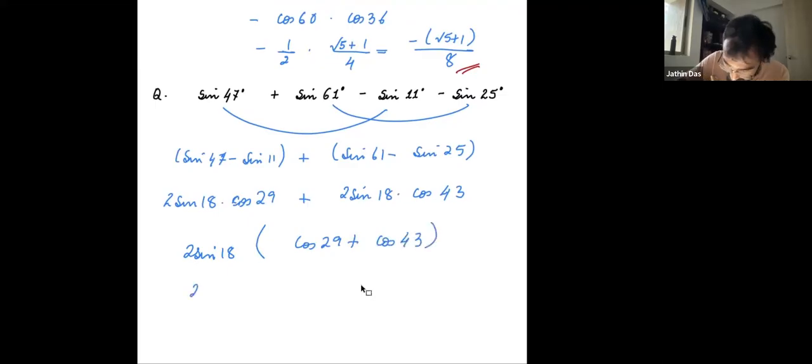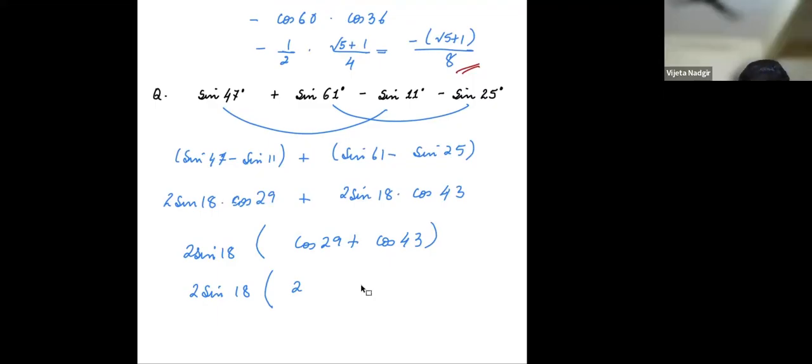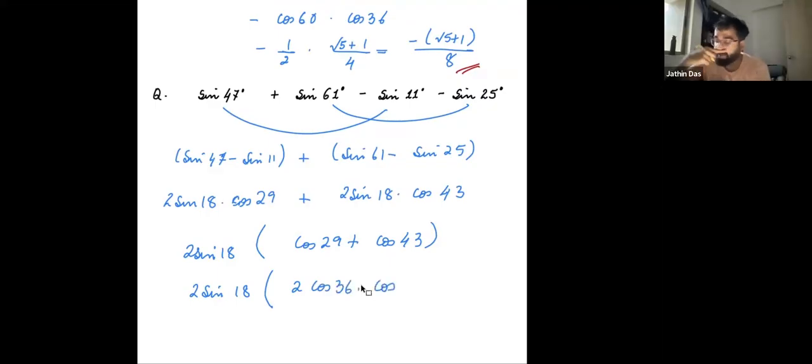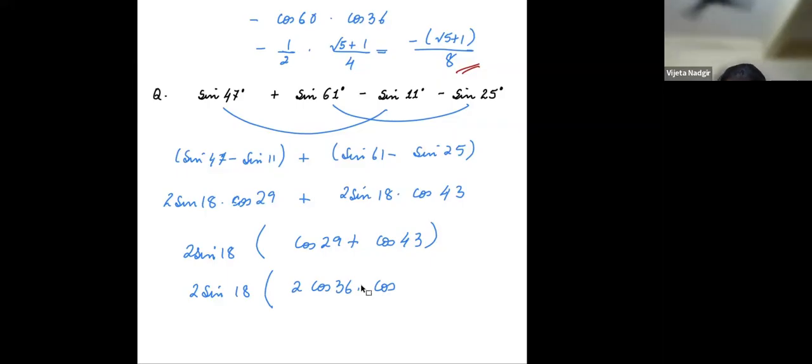So do it. 2 cos: sum by 2 into cos of difference by 2. The sum will be 72, by 2, cos 36, into the difference, which is 14, by 2, 7.